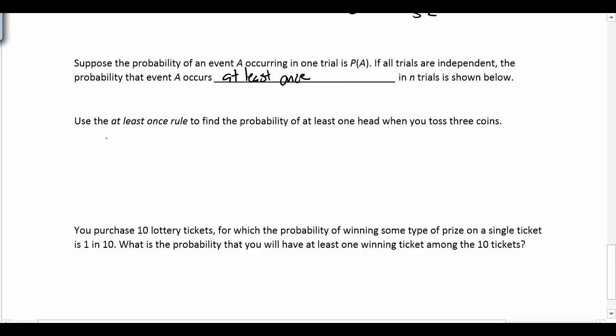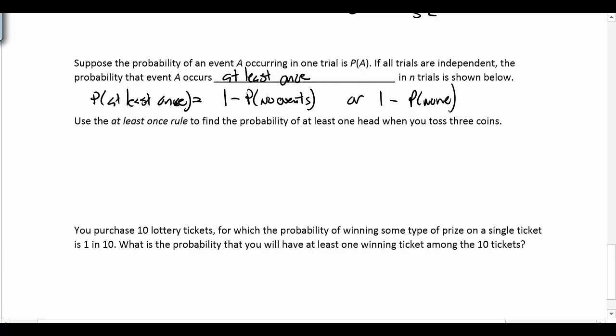So the probability of at least once is 1 minus the probability that no events happened, or 1 minus the probability of none.